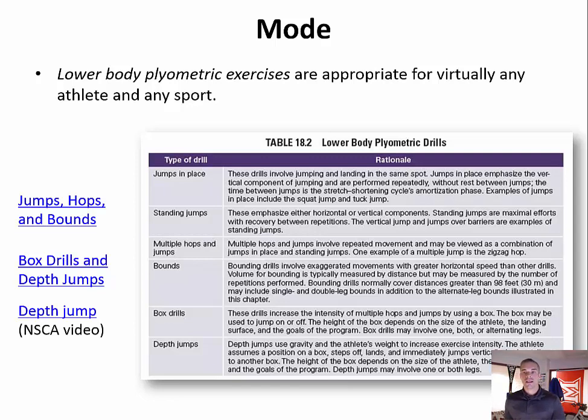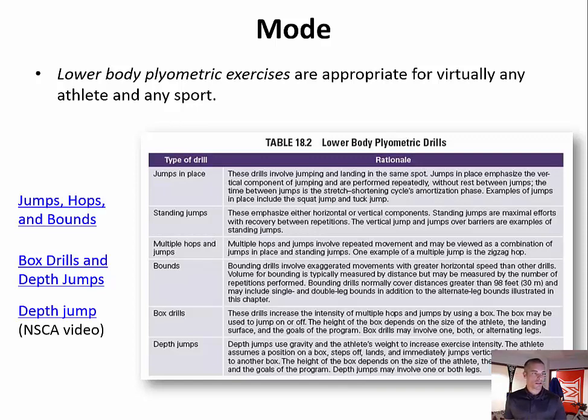Lower body plyometric training gives the player the ability to produce more force in a shorter amount of time, therefore allowing a higher jump. So types of lower body plyometric drills include jumps in place, standing jumps, multiple hops and jumps, bounds, box drills, and depth jumps.